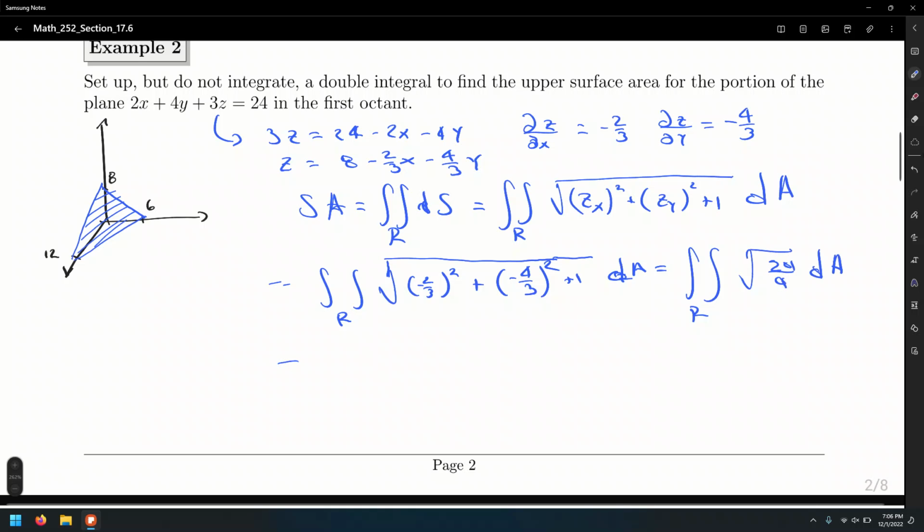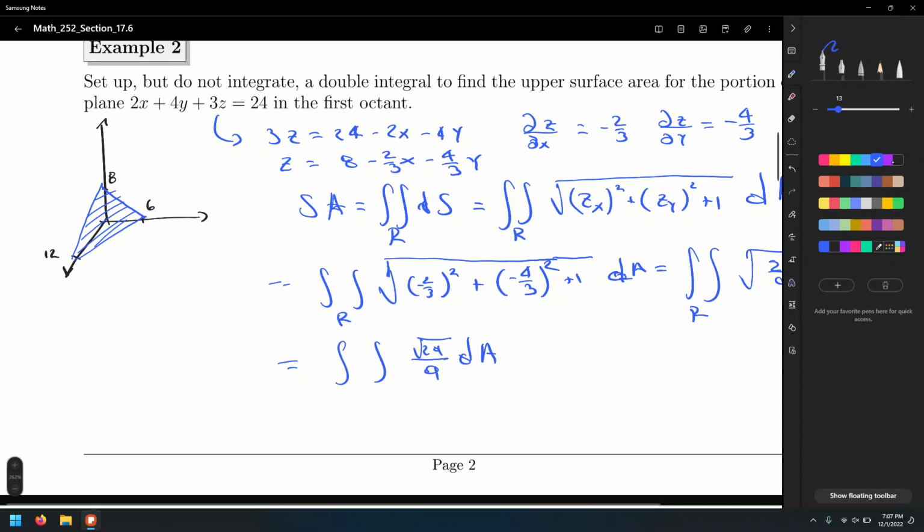So now let's iterate. Let's find the limits of integration. So that's the square root of 29 over 9 dA. And in this case, let's see what's going on. We're going to look at the projection in the xy plane, right?